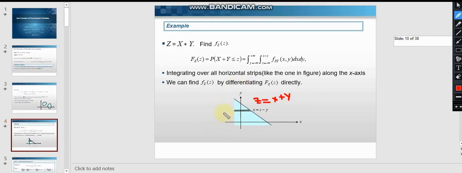First, we will take a strip from minus infinity to the point where x is equal to z minus y. Or the other way, we can take a strip along the vertical direction from minus infinity to the point where y is equal to z minus x.